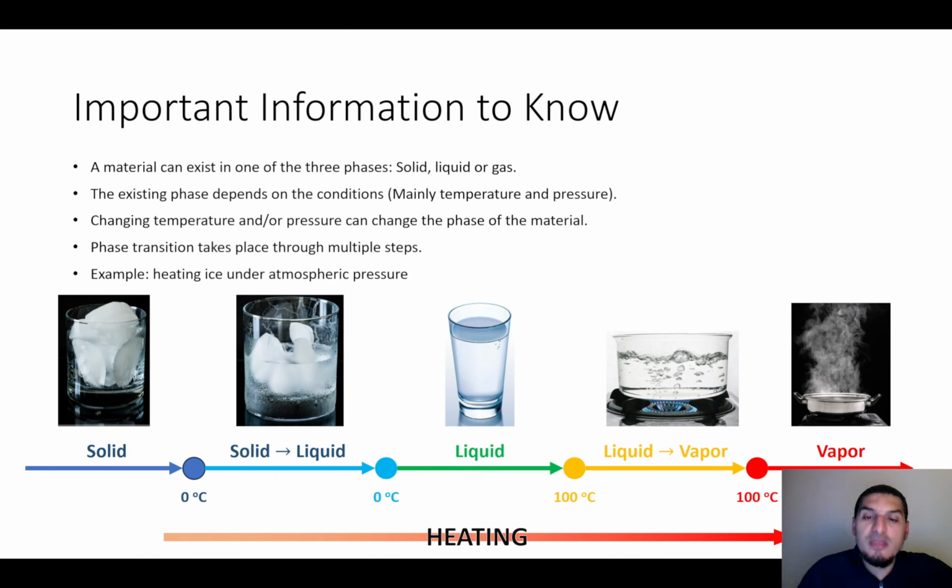So the steps that we see are the actual steps that water will go through, starting as ice until it reaches the state of water vapor. These are the steps we go through for the evaporation. There are a few things that we need to know about this.